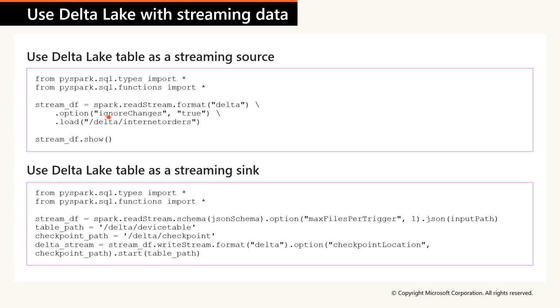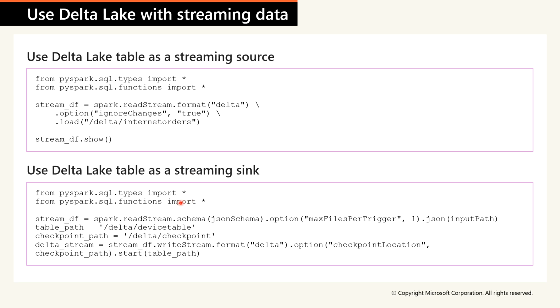In the options we have certain parameters, ignoreChanges, comma, true, which means we ignore any updates or deletions during the process. True means that only if new data appears, then we process that data. With .load we specify the Delta table path, and with show we show the streaming data.